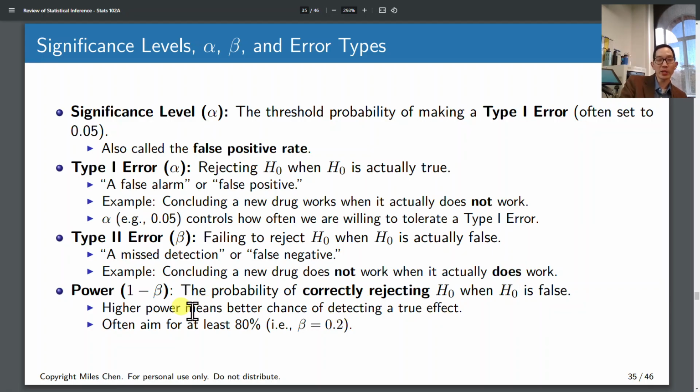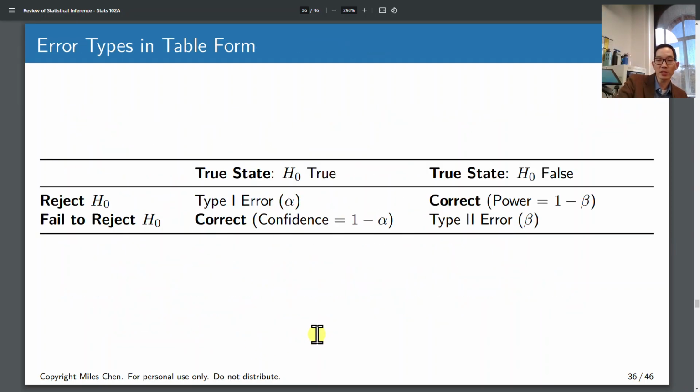And then power is the probability of correctly rejecting the null when the null is false, okay? High power means you have a better chance of detecting a true effect. We often aim for a power of around 80% or a type 2 error of 20% or less, okay?